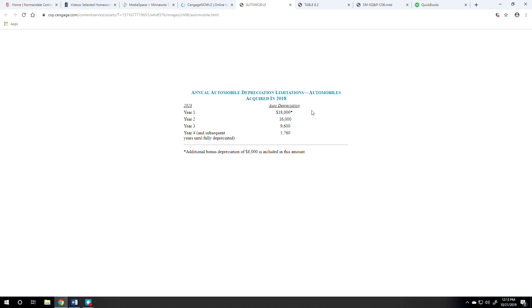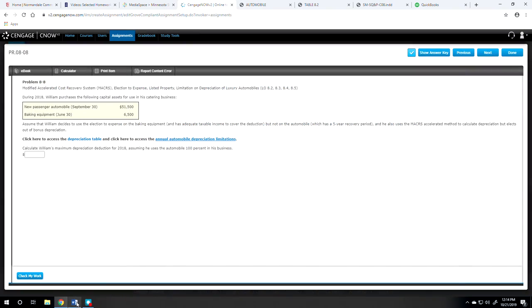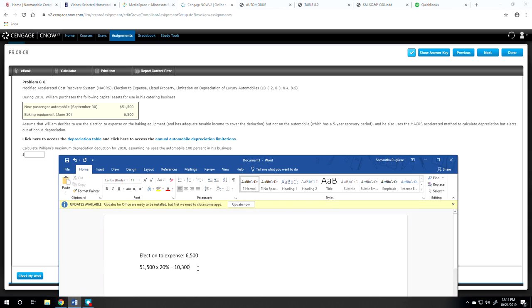So what this is telling us is that he can only depreciate $10,000 because $8,000 of this $18,000 limit is bonus depreciation, which he decided that he doesn't want to take. So we can't do 10,300. We can do the 6,500 plus only 10,000. And then that would be the answer, 16,500.